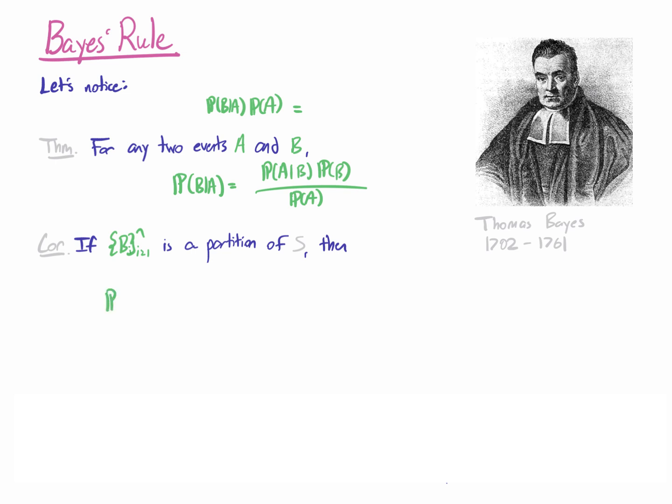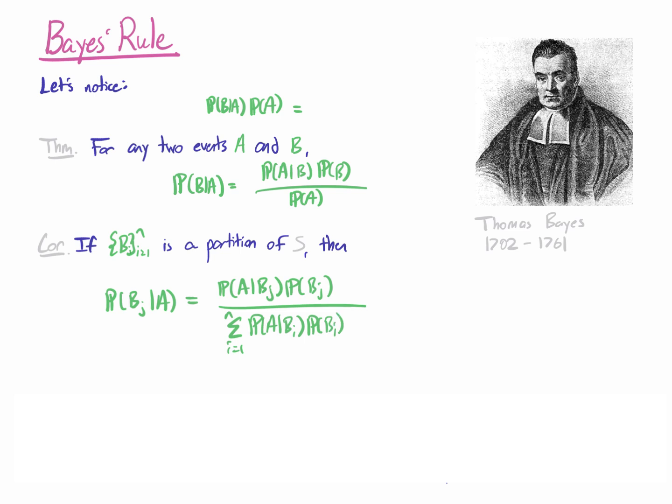The probability of one of those specific B's happening, I'll call that one B_j, given that we know about A, is equal to the probability of A given that choice of B times the probability of that choice of B divided by the probability summed across all the possible choices of the B_i, the probability of A given B_i times the probability of B_i.